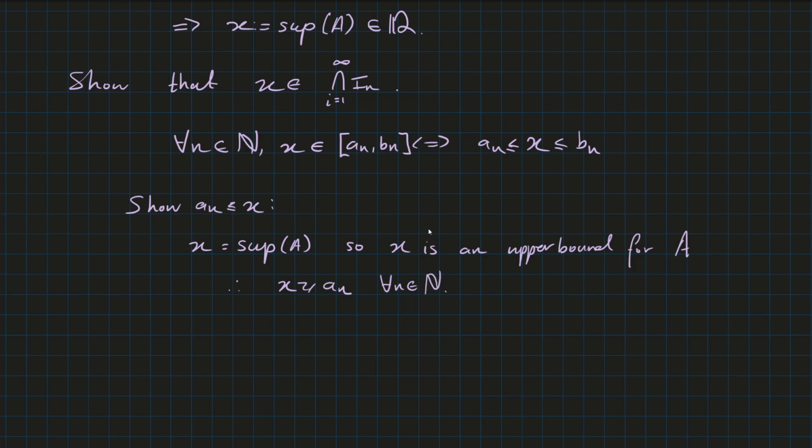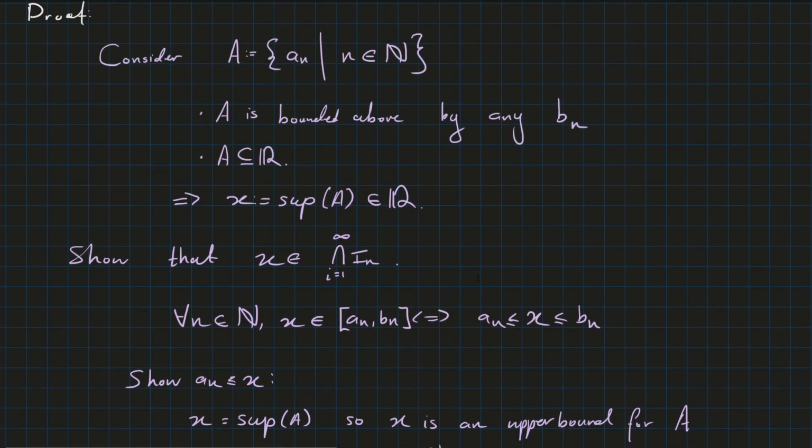And then the next thing we want to show is that x is less than or equal to Bn, again for all n. Well, we have that Bn is an upper bound for A for all n in N, no matter what the Bn's are.